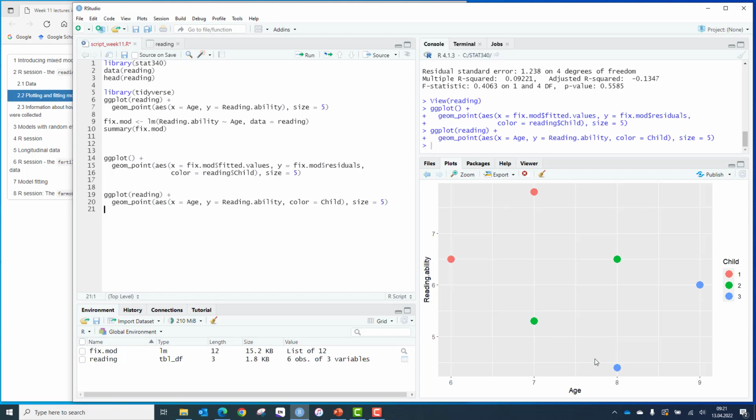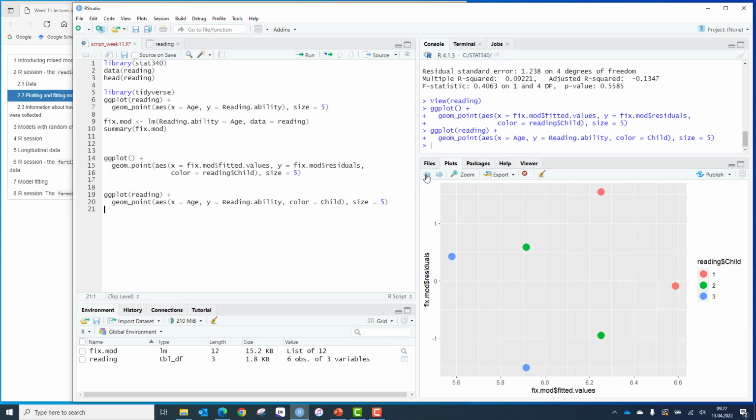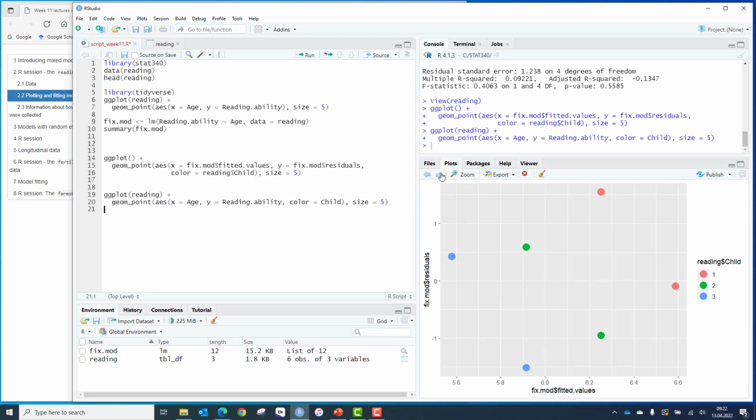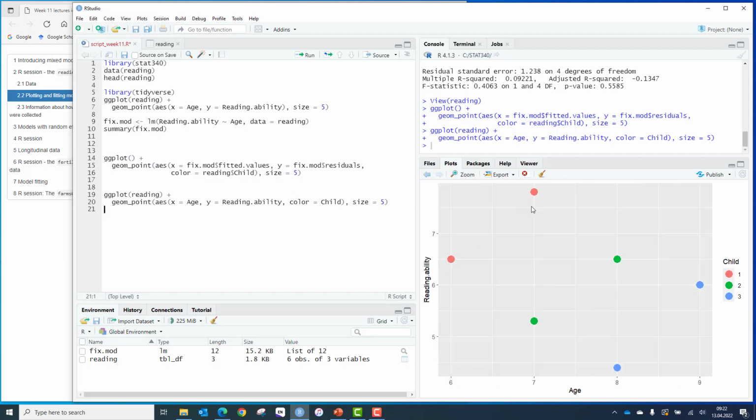But because these children are of different ages from the beginning, and the older children started out with the poorer reading abilities, then when we had the first plot, and we didn't color by child, it looks like everything is going down. While in reality, it's quite opposite. Everything is going up once we have this information.